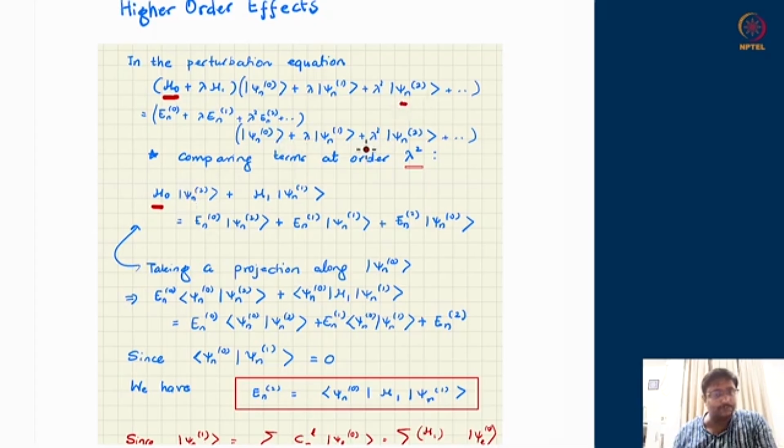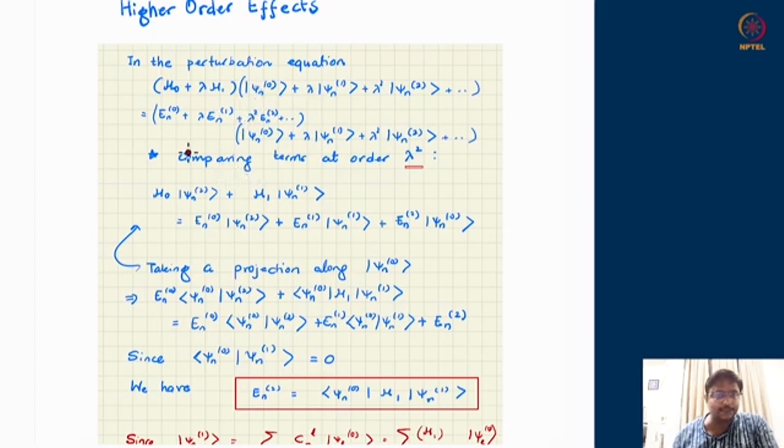One more possibility is that lambda times H1 hits this, so then again I will get a lambda square term with H1 acting on psi n1. So on the left hand side these are the two possibilities: either H0 acts on psi n2 or H1 acts on psi n1. So the order lambda square term can be generated only in this way from the left hand side.